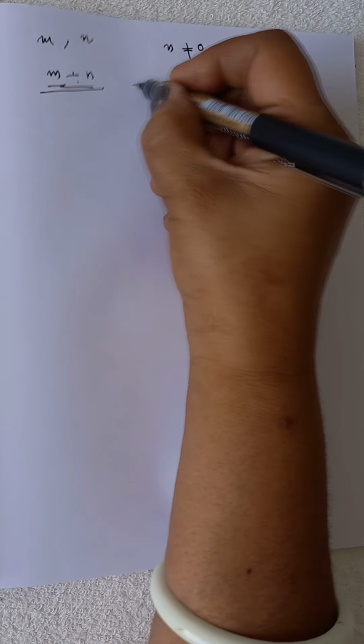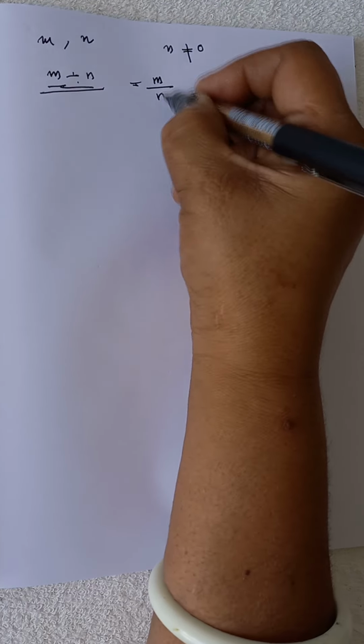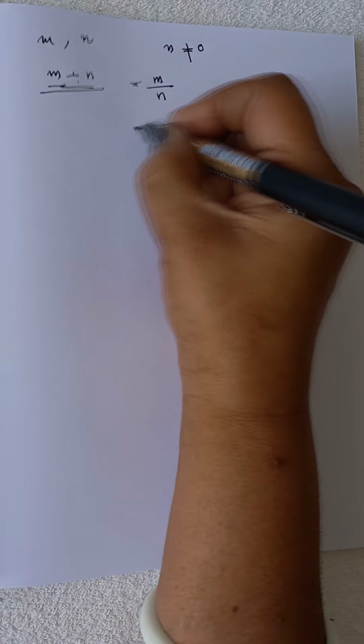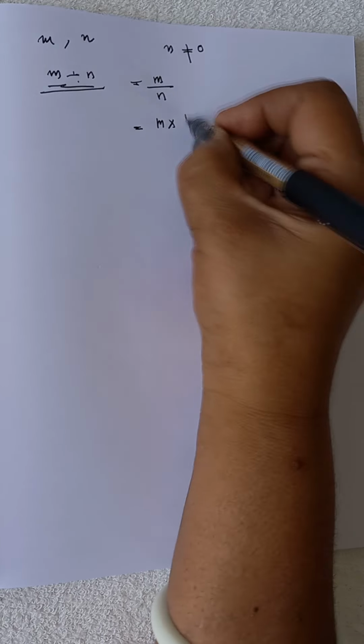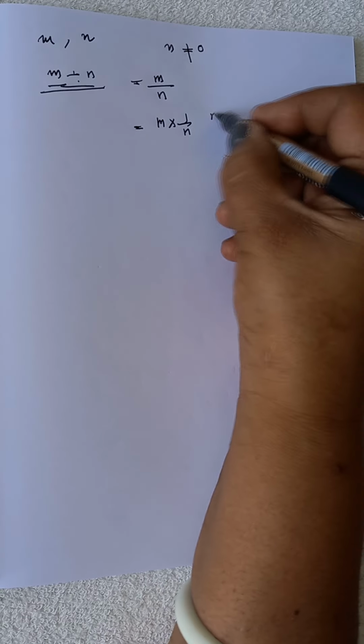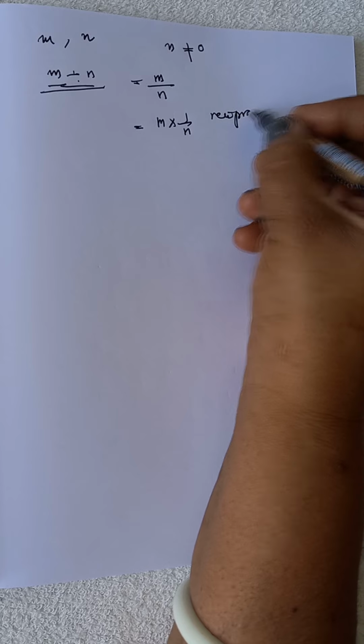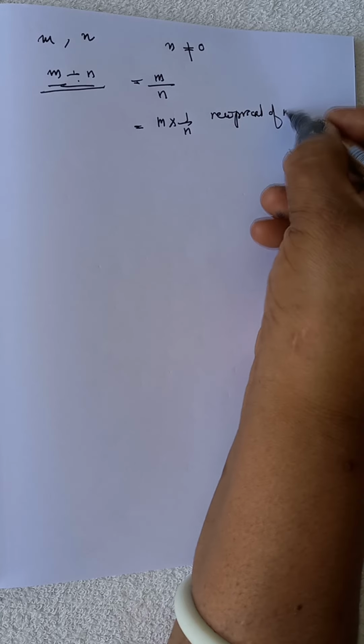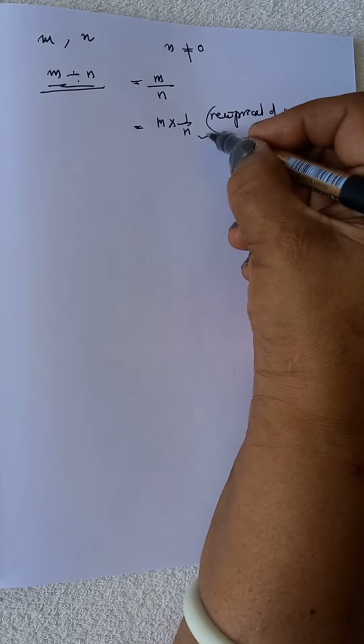So M by N is equal to M divided by N, that is equal to M into 1 by N, that is M into the reciprocal of N.